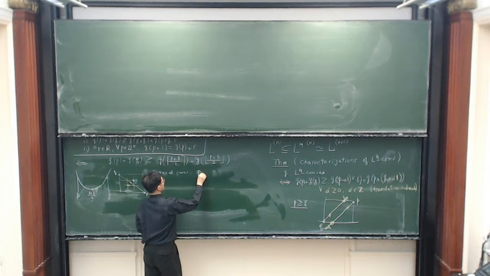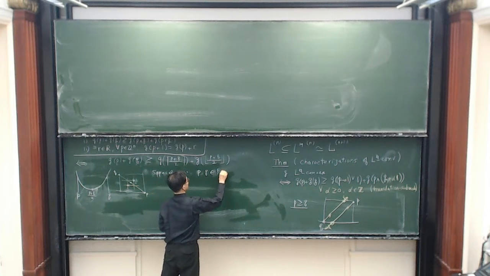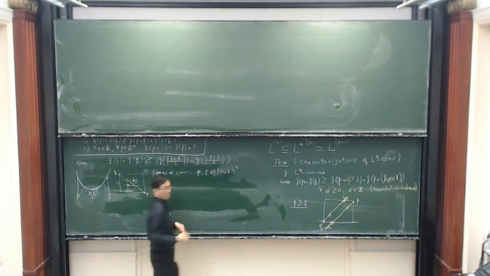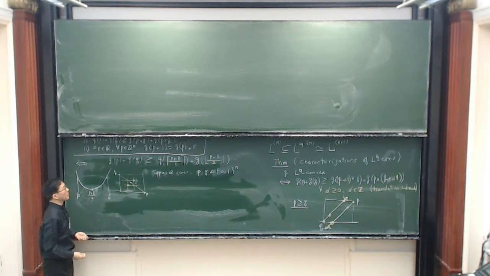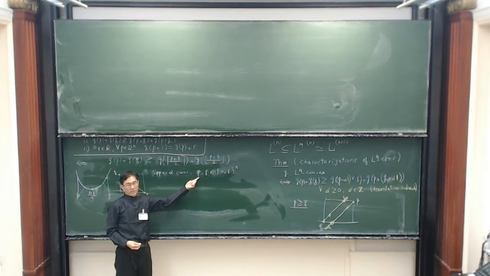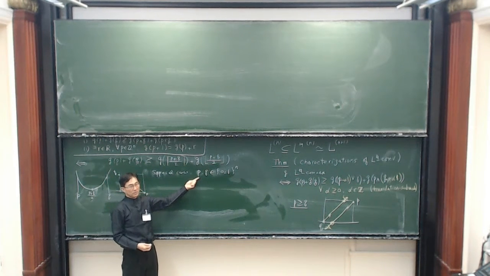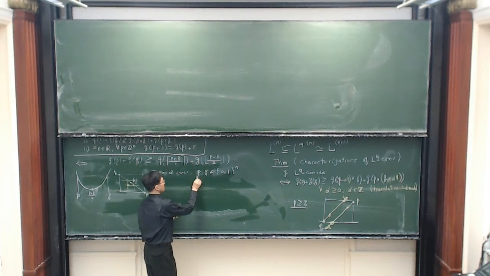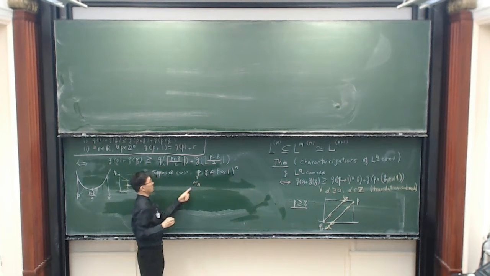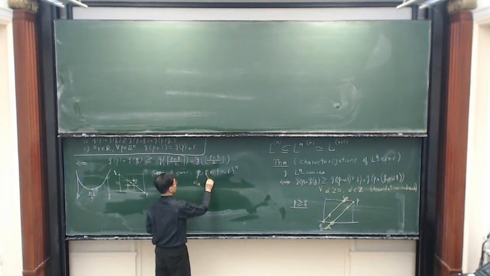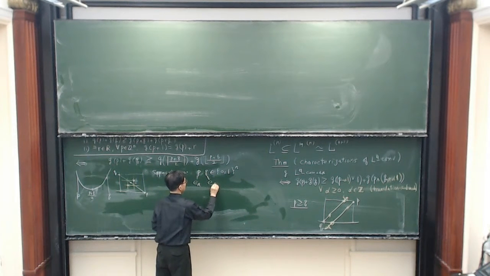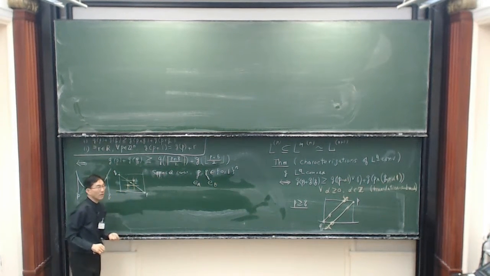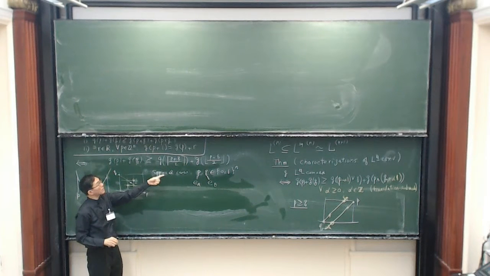P, Q, both 0, 1 vectors. What happens? Then P corresponds to some set. That means that if an element is contained in that set, then Pi is 1, the characteristic vector. So this is a characteristic vector of A, and this is the characteristic vector of B. What does it say?